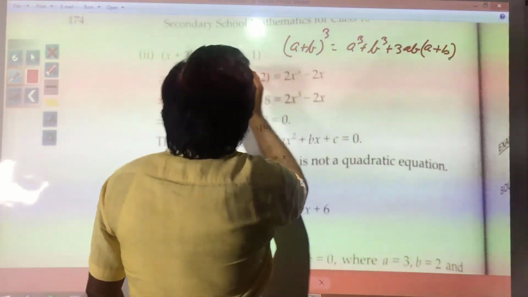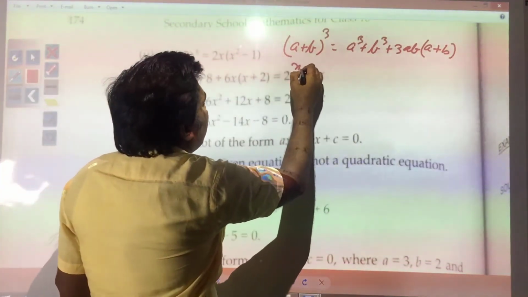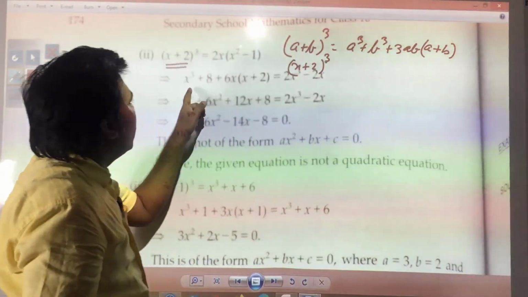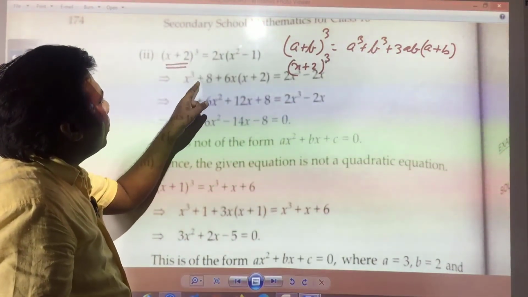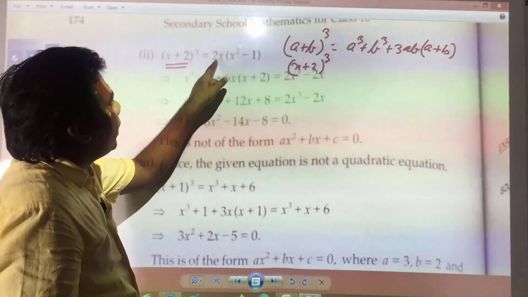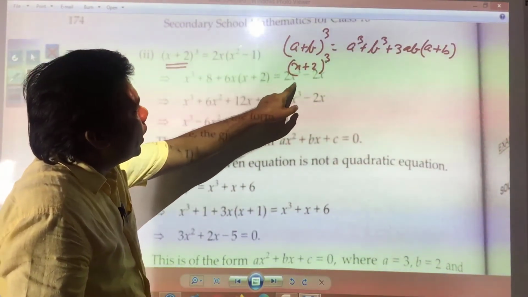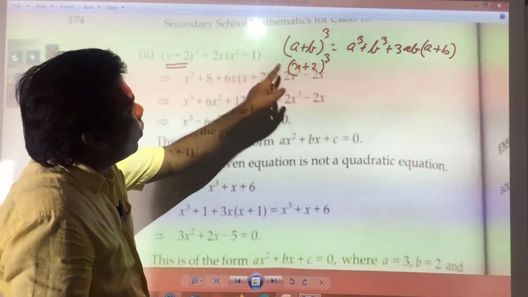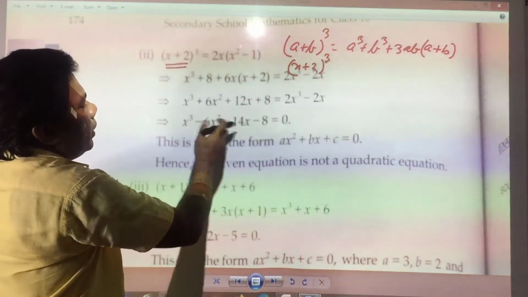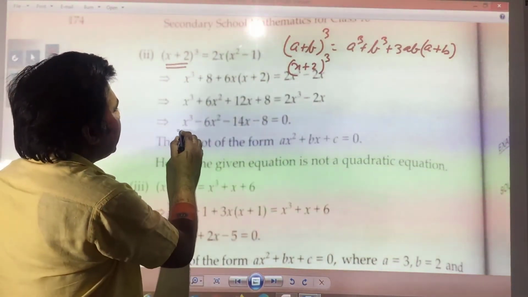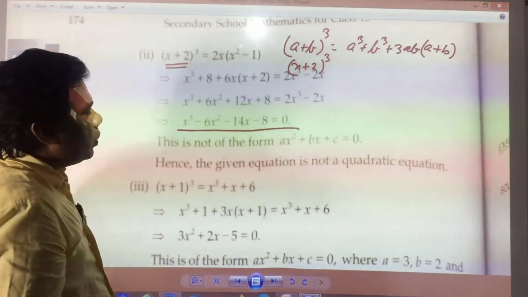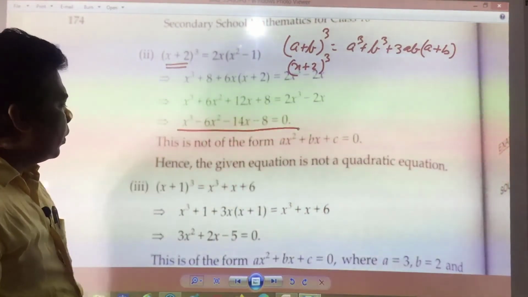Putting in this formula, (x plus 2) whole cube gives x cube plus 8 plus 6x into (x plus 2). Now 2x into x square minus 1 is multiplied, giving 2x cube minus 2x. Again this has been simplified and you get x cube minus 6x square minus 14x minus 8 is equal to 0. So this is not a quadratic equation.